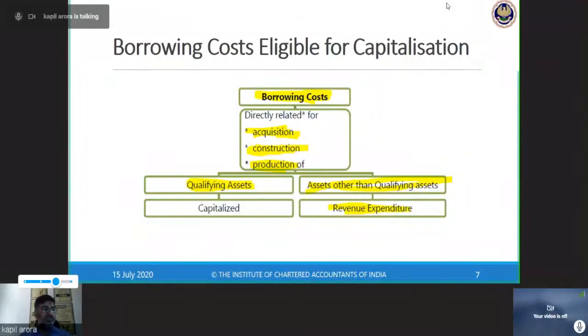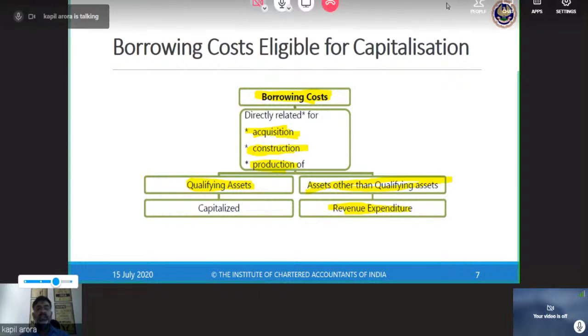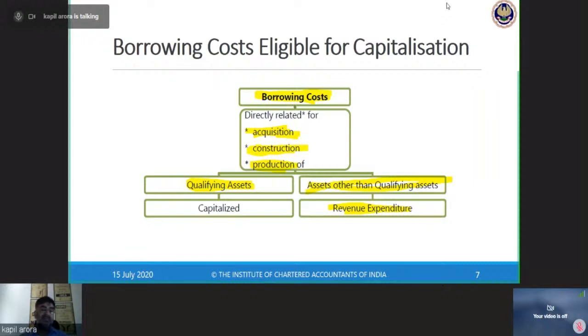Guys, so we were talking about the borrowing cost related to acquisition, construction and production. Anything related to acquisition, construction and production of a qualifying asset will be added. If not related to a qualifying asset, it will not be added. So Shrungi, you have mentioned that some cheese may take more than 12 months. Then we have to see whether I am making that in large quantities and on a repetitive basis.